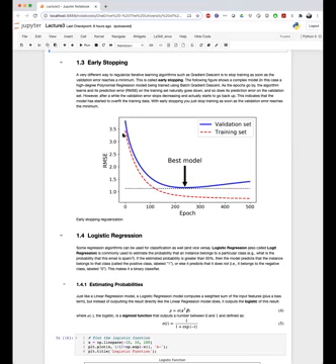But usually we will see that at a certain point, the validation error will not drop anymore. Instead, it will move up. What this means is after this point, you are actually getting overfitting. If you train your model further, that means you are overtraining your model. You're getting overfitting. Then we should stop here.